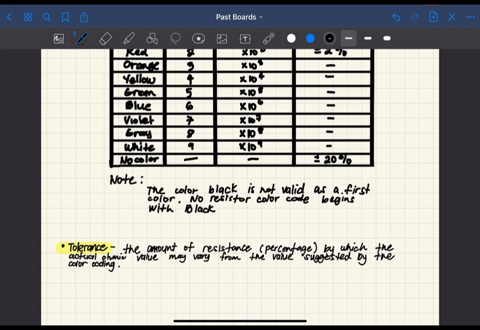The actual value of the resistor will deviate from the ohmic resistance that the color code suggests. So there is a deviation from the colors. That is what the tolerance is saying.